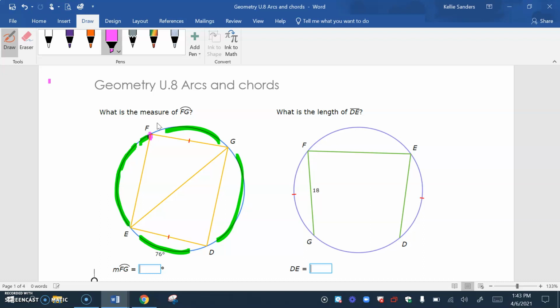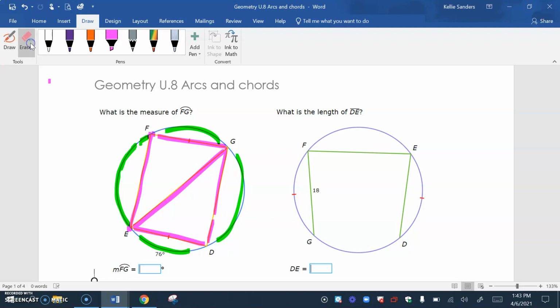Whenever a line touches the inside of a circle and goes through it, doesn't have to be through the middle, and then touches another part of the circle, that is called a chord. So there are actually 1, 2, 3, 4, 5 chords in this circle. But that's probably neither here nor there.